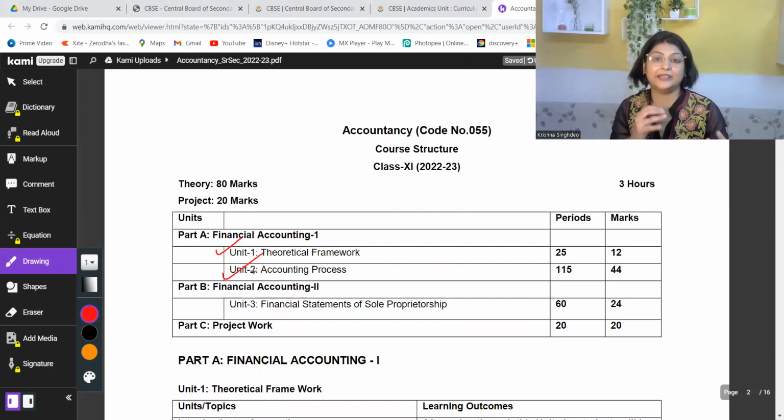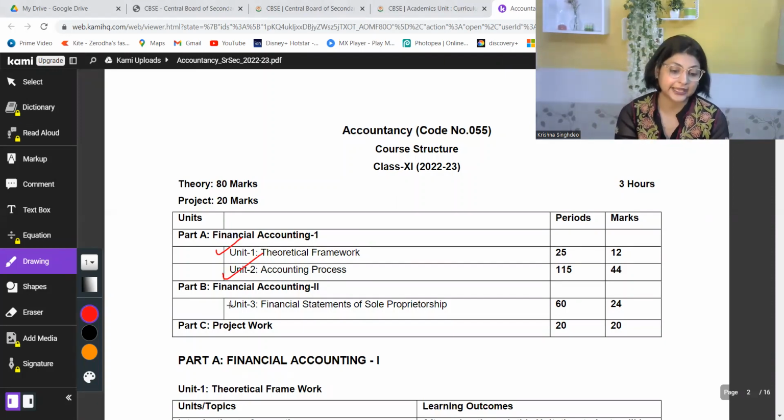Under these units there are going to be various chapters. If you refer to any book, the number of chapters is going to be different from these units. Then the second part is unit 3, financial statements of sole proprietor. In this way, your whole syllabus is bifurcated.